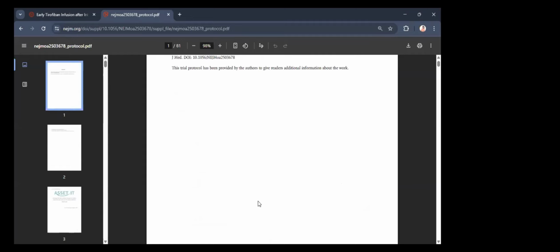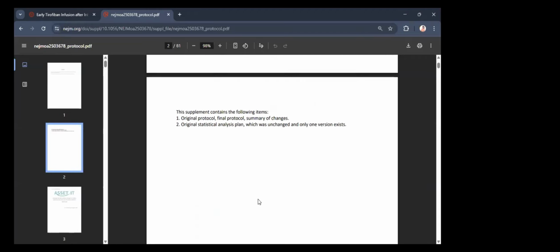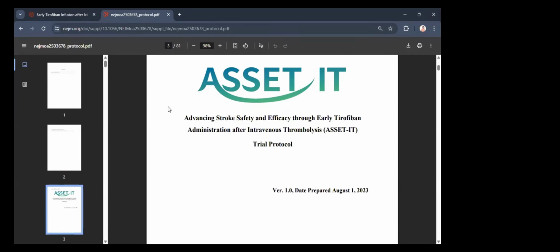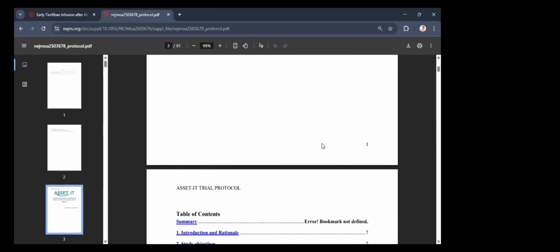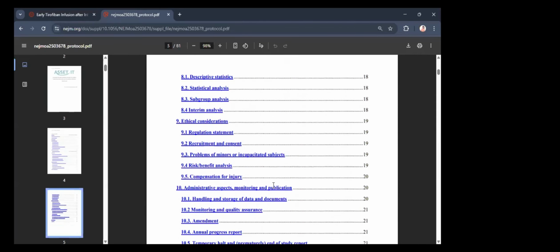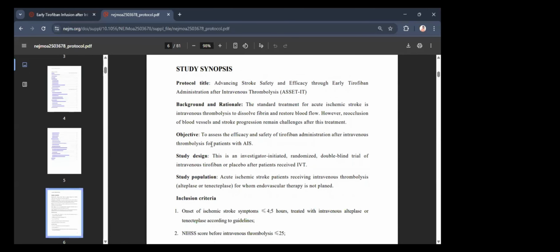Okay. So this was the protocol for the study we've been looking at. There's the title, Advancing Stroke Safety and Efficacy Through Early Tirofiban Administration After Intravenous Thrombolysis. And then there's the table of contents.